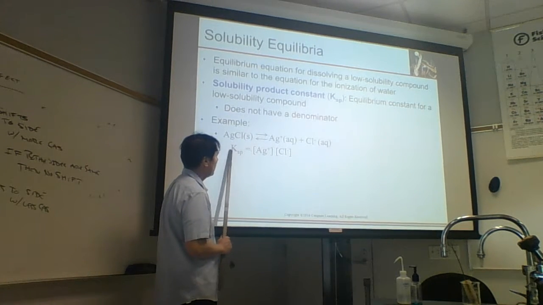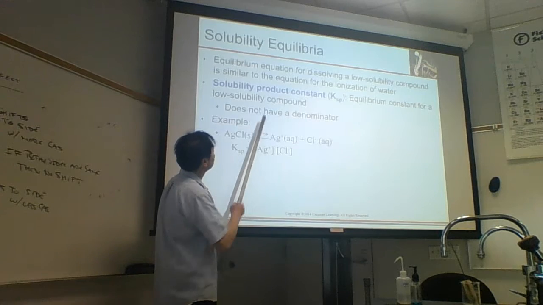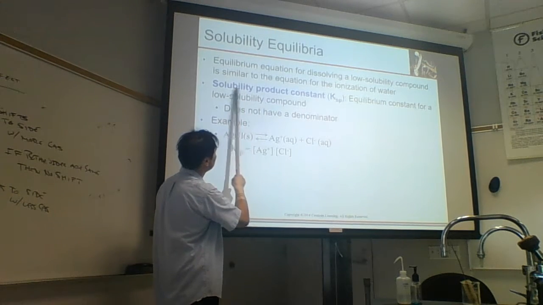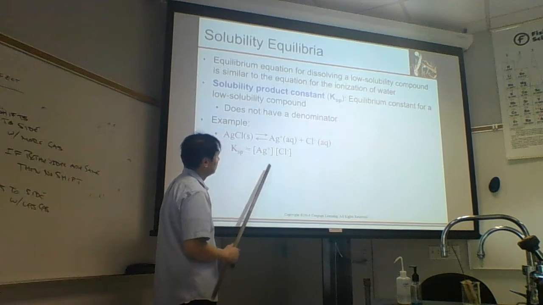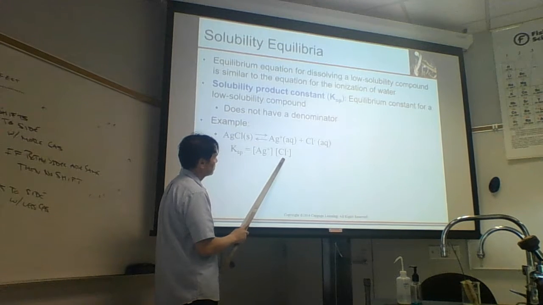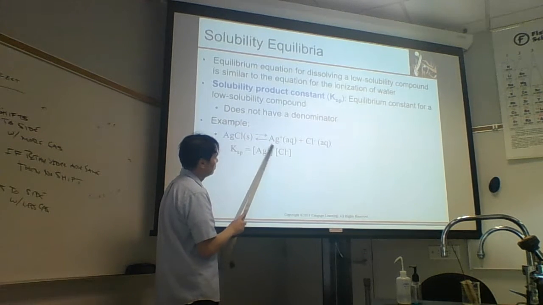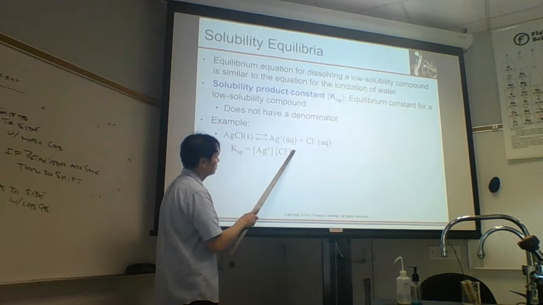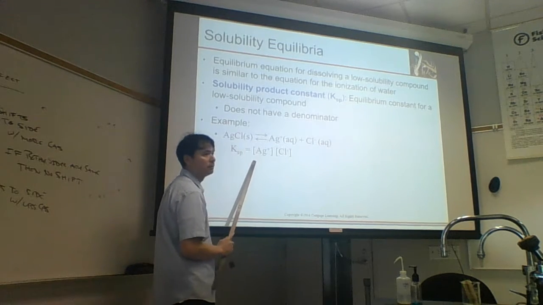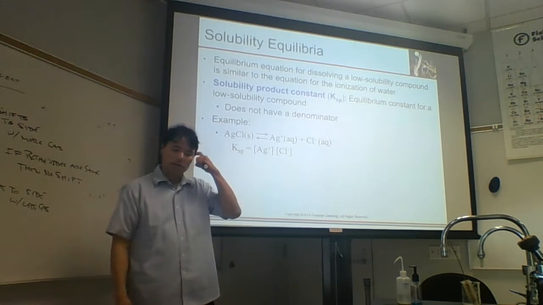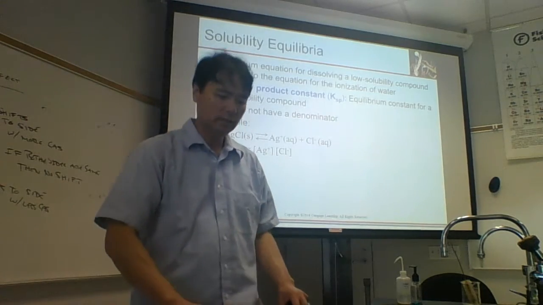And so the K is, we call this KSP. KSP stands for solubility product. And it's going to be the ratio of the products to the reactants. So we take silver, which is to the first, and chloride to the first. However, what about silver chloride? Silver chloride is this.